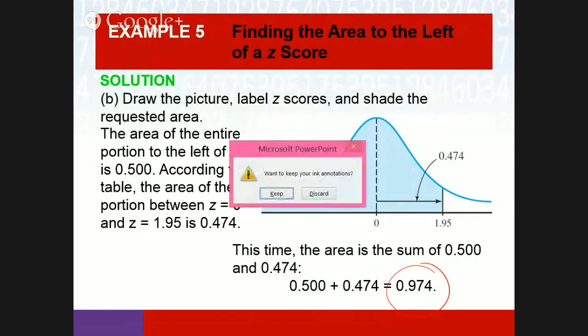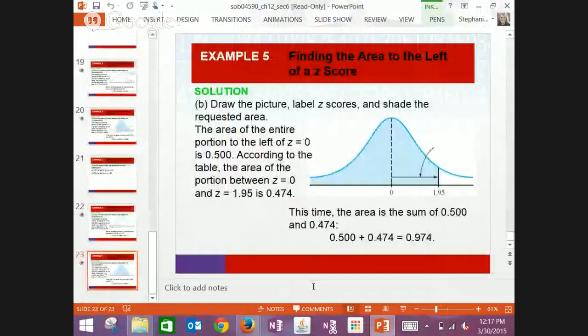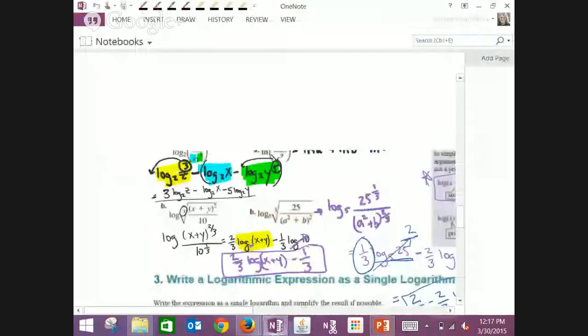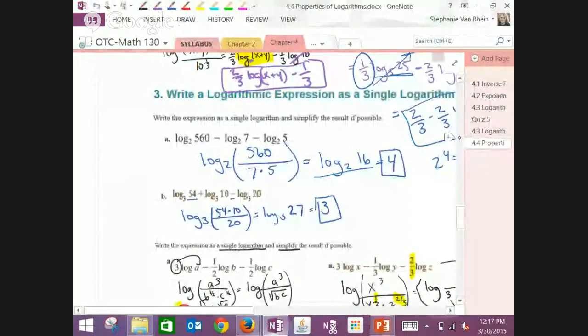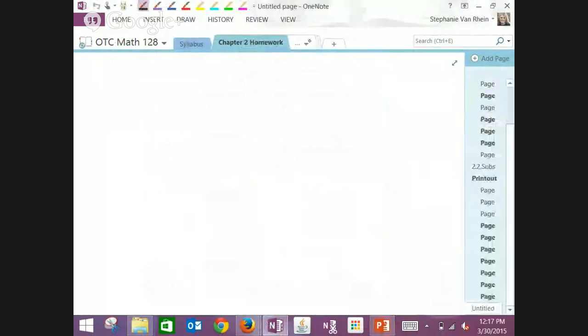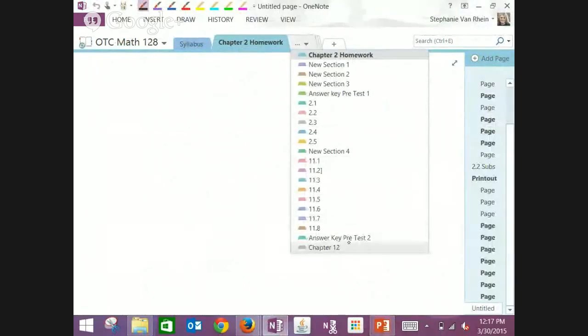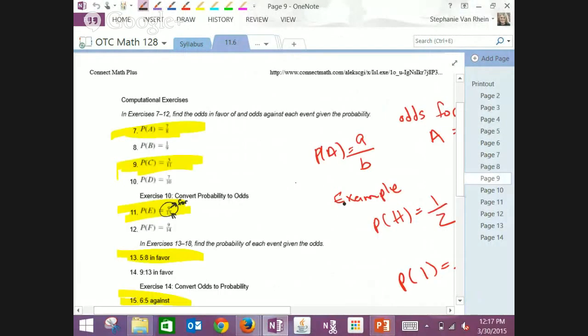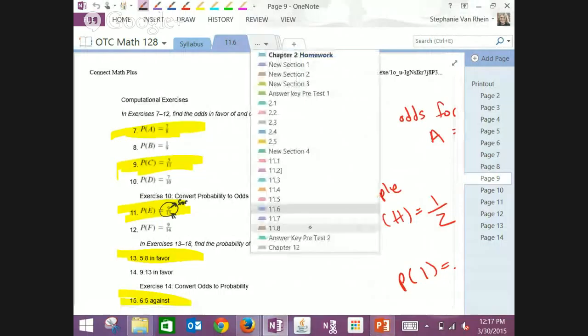So let's look at the application here in your homework, this is 12.6.